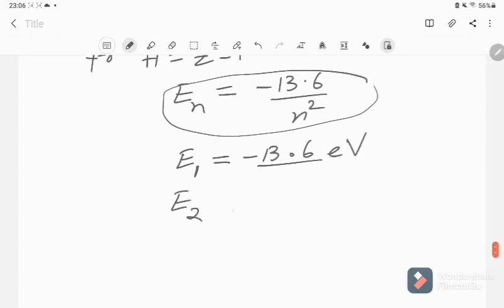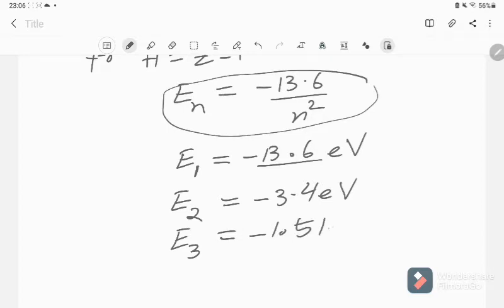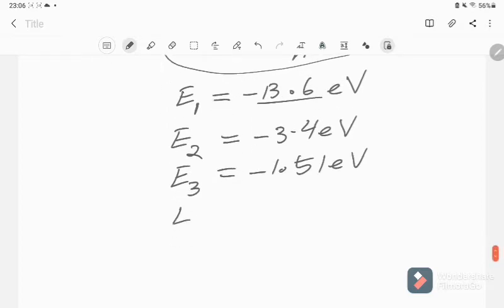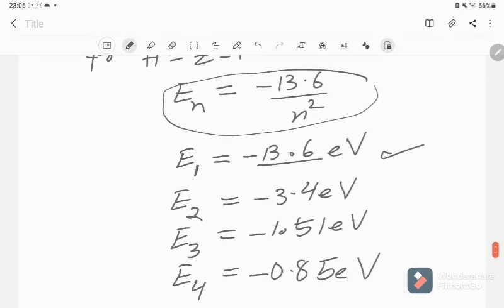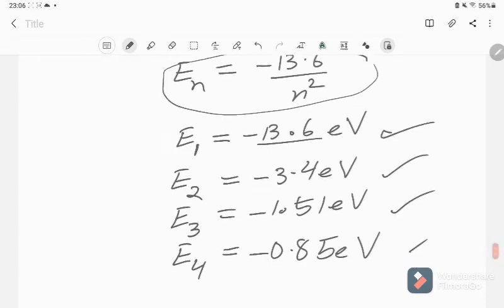For the second orbit, E2 is minus 3.4 electron volt, E3 equals minus 1.51 electron volt, and E4 equals minus 0.85 electron volt. So we have different energy levels for the first, second, third and fourth orbits.